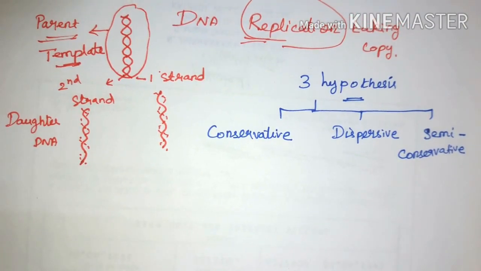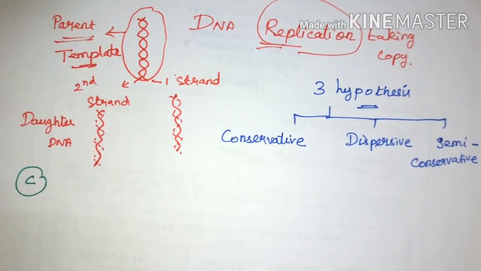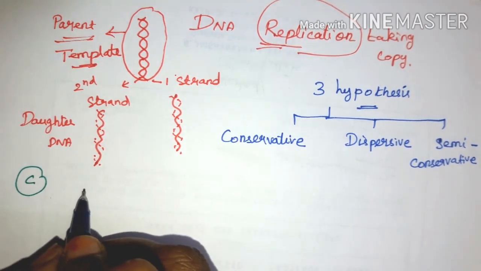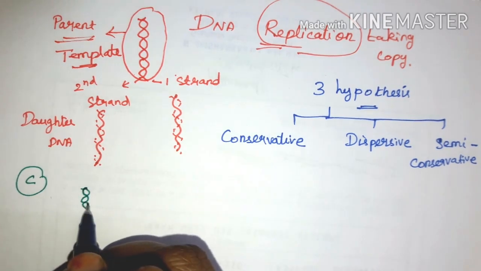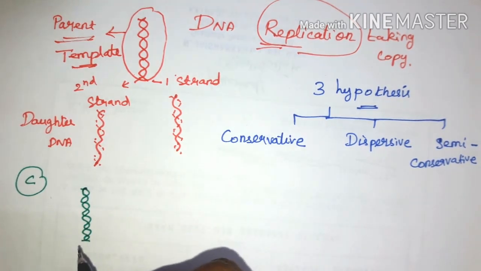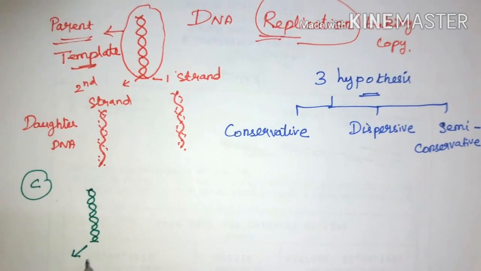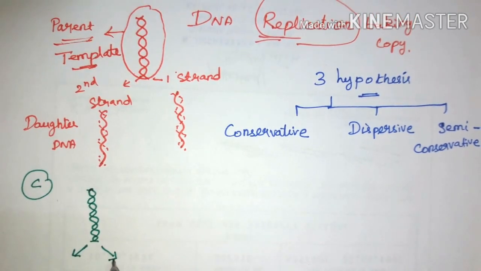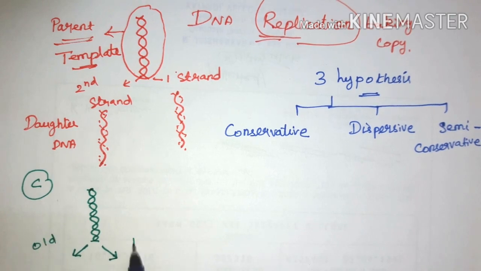The first one, the conservative case. In this conservative case, the template, that is the parent, is acting as template. So this strand is being divided or released into two. The one must be old, the other must be new.